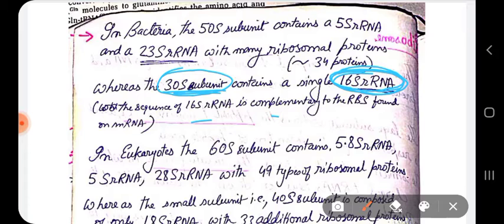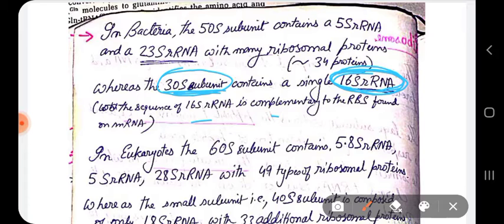23S rRNA and 5S rRNA, along with many ribosomal proteins, make up the large ribosomal subunit of bacteria, which is your 50S ribosomal subunit. 23S rRNA is involved in catalysis of peptide bond formation between the amino acids, as you will see during the translation elongation process.